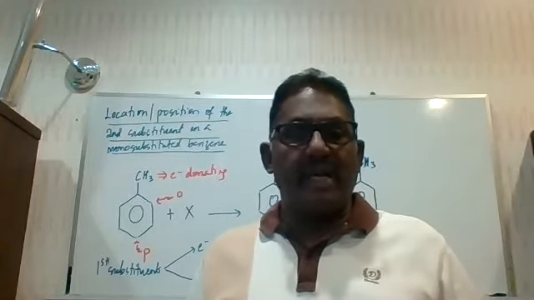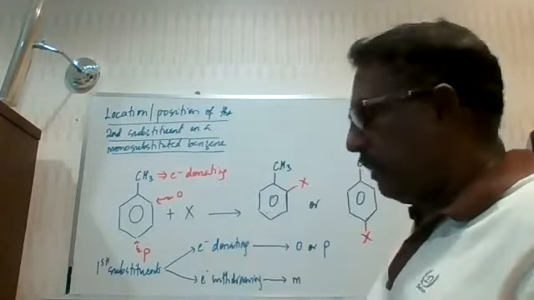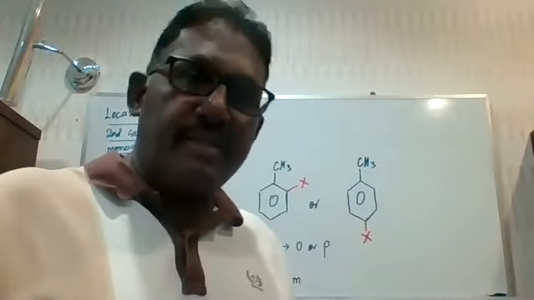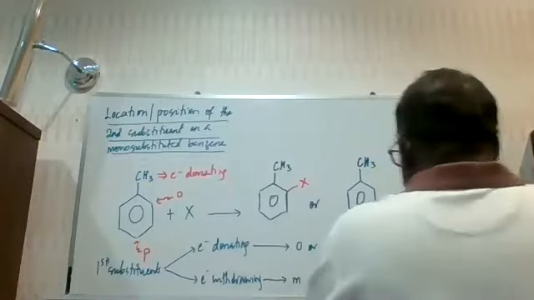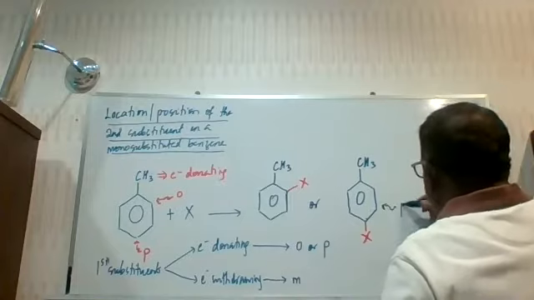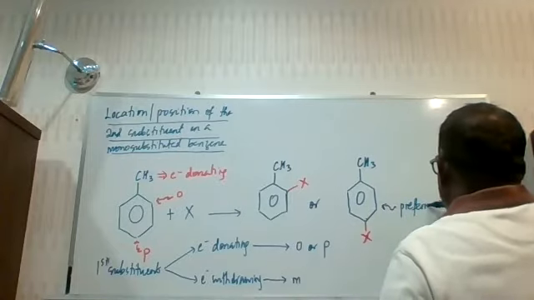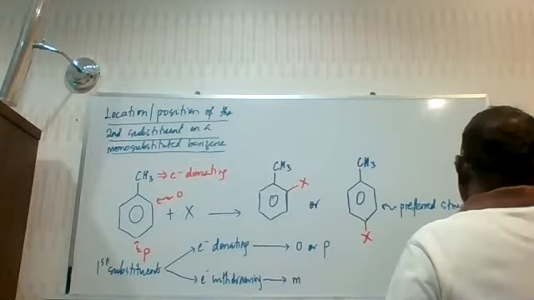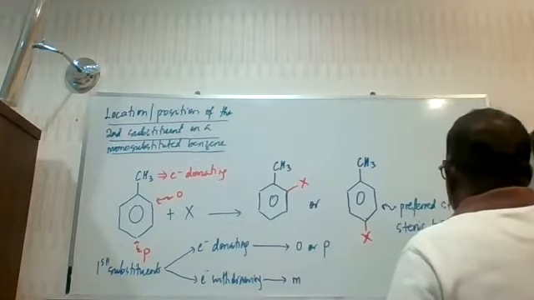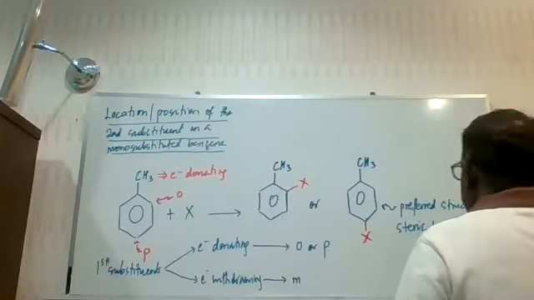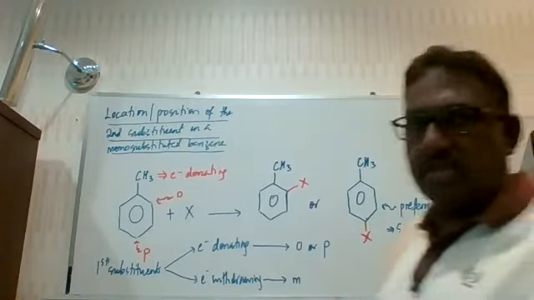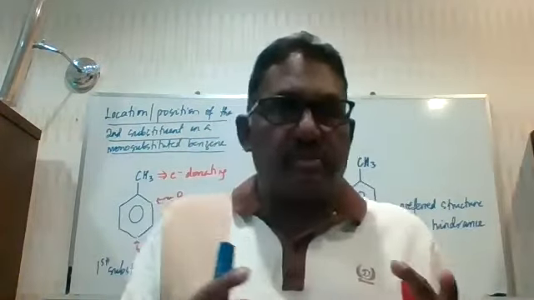Because you're saying closer to the methyl group. On the contrary, it's the other way around. So remember, this is the preferred structure between the two. Now, why? In chemistry, there is such a thing called steric hindrance. Steric hindrance is spatial hindrance.